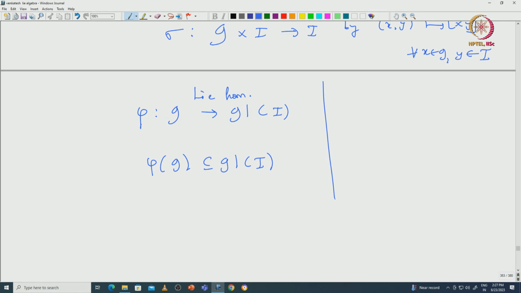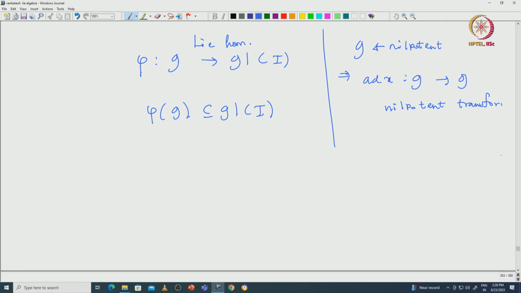Why? Because G is given to be nilpotent. So that implies if I look at ad x for any x in G, that is going to define a nilpotent linear transformation from G to G. So because ad x is nilpotent on G, if you restrict ad x to capital I, that is also going to be nilpotent.